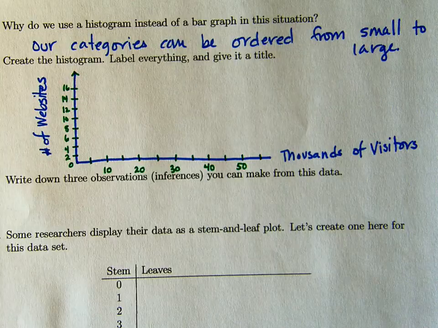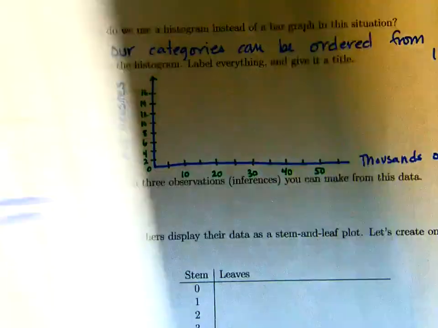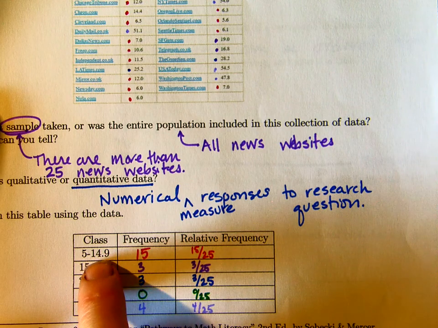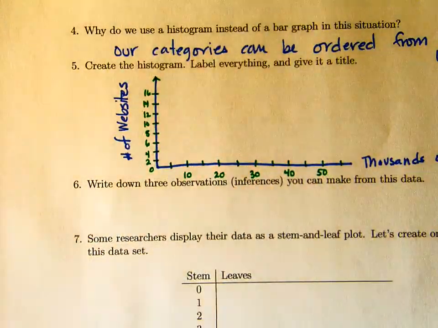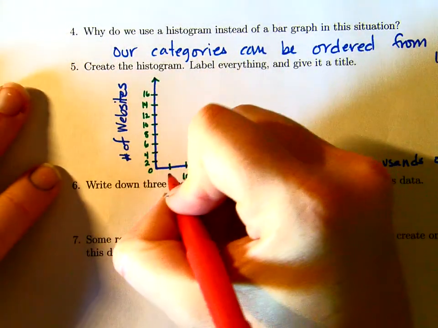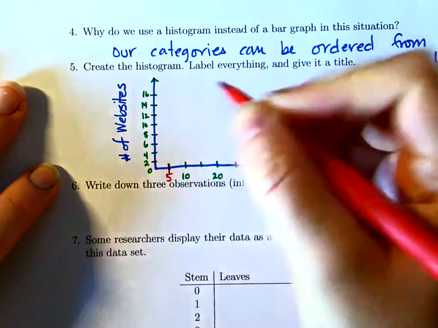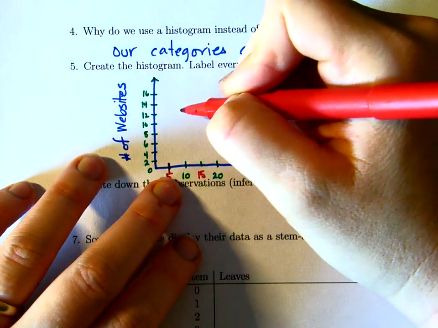So let's create this. I don't know how to overlap. So the first one from 5 to about 15 was 15. Okay, so I'm going to mark this down from 5 to 15 was a frequency of 15.